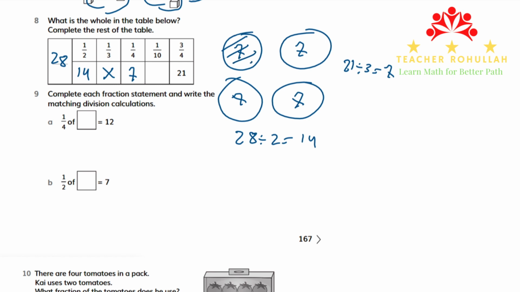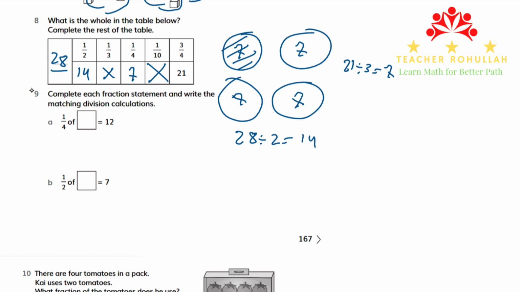This can be 1/4 of the 28. And 1/10 also we cannot have because 28 cannot be divided by 10 without any remainder. So we are done with question 8 also. We found 1/2, 1/4, and 3/4 is already given there. And also the whole number which was missing over here.